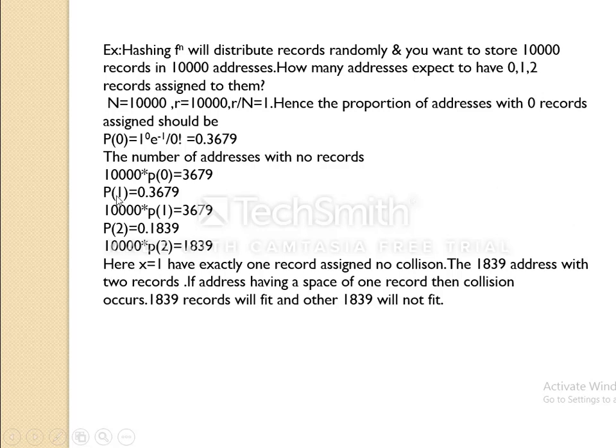Similarly, we can find the probability of 1 and the probability of 2, and the number of addresses with 1 record as well as 2 records. Here x is equal to 1, so there is exactly 1 record assigned, so there is no collision.